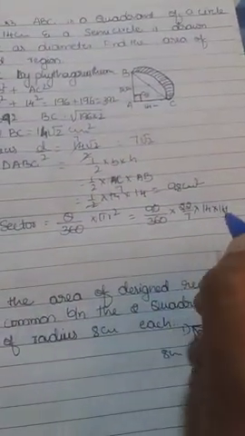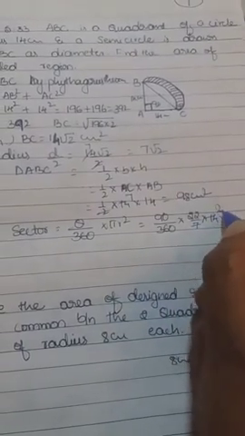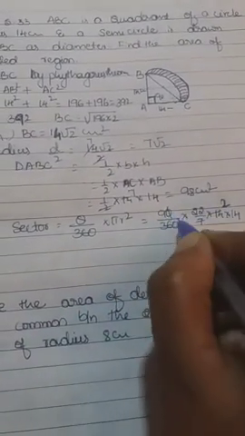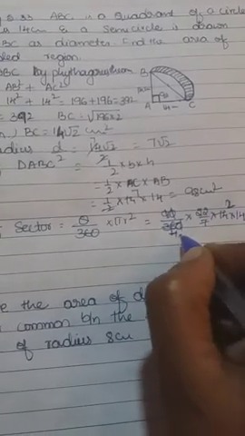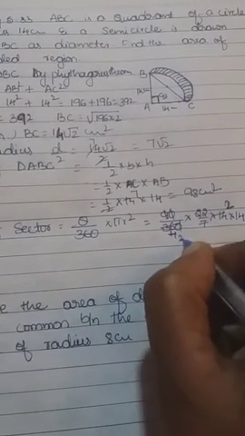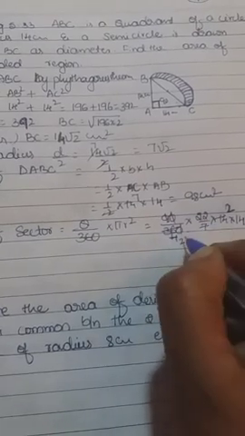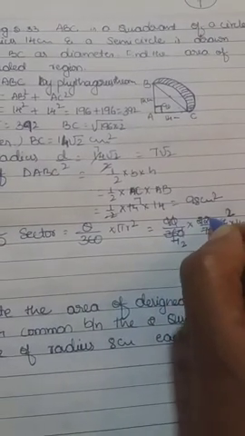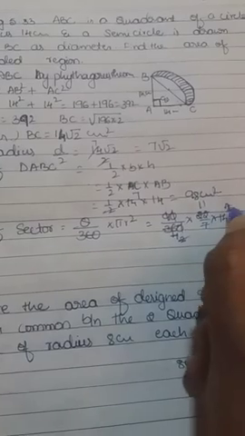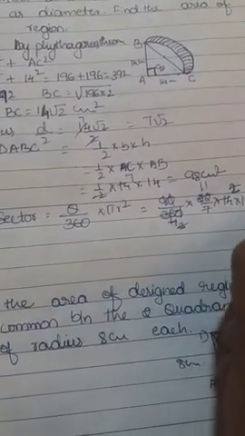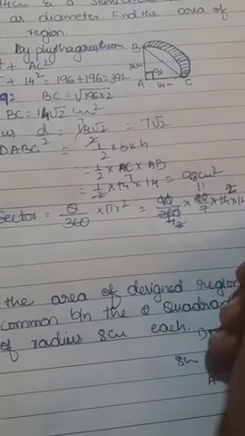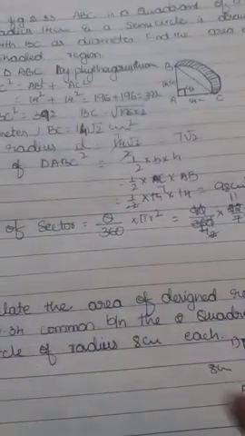Here we want to take the big circle radius. 7 2s are 14, the zeros cancel, 2 4s are 8, 2 11s are 22, cancel. 11 into 14, the area of the sector is 154 centimeter square.